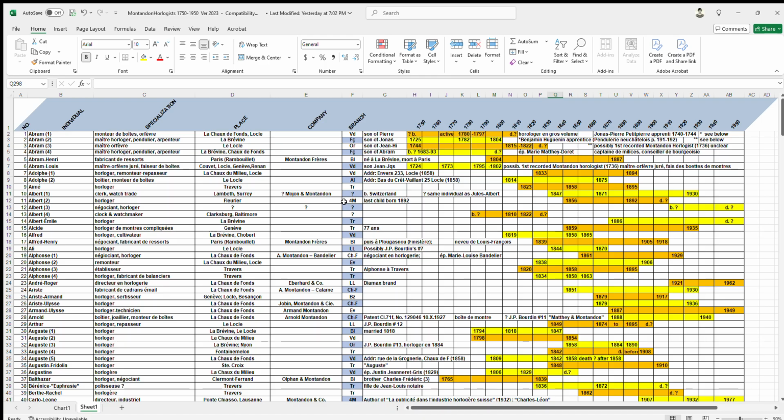However, this was later confirmed to be another individual in this list, Jules Albert Montandon, who was born in 1847 and died in 1930. But nevertheless, I have retained the old information for the sake of comparison. It must be said that there are a few small discrepancies such as this. However, I have generally tried to stay as true as possible, and I have kept that information for the sake of the comparison.